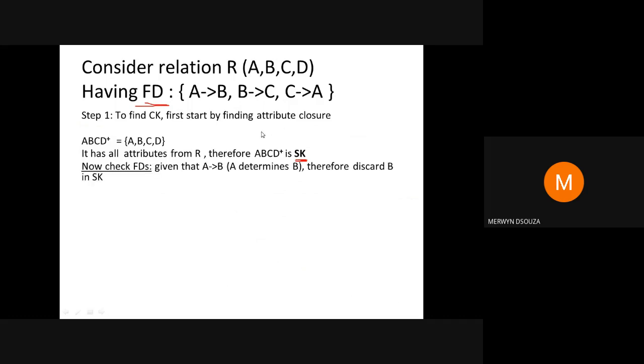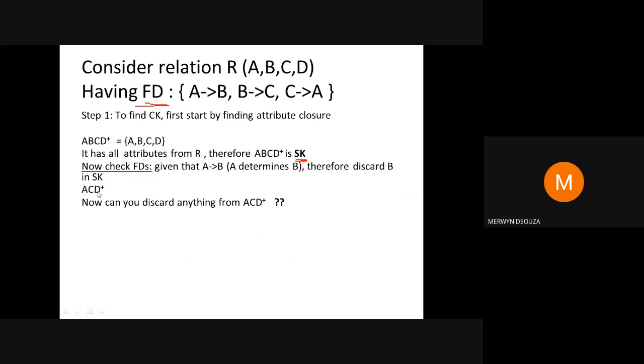Checking the functional dependencies, you are given that A determines B. So we can discard B from this super key, and we get ACD. Now, can you discard anything further from ACD?